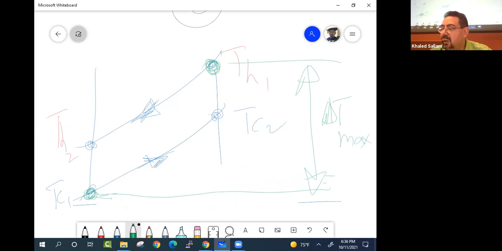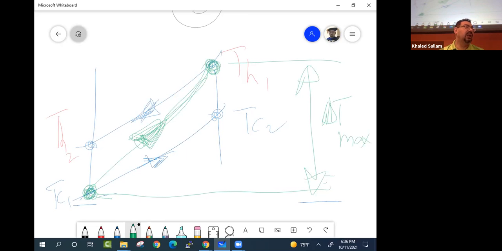If he can make one of them do that, that would be the perfect heat exchanger ever. He made the impossible possible. He managed to make the TCN get, at the end, as hot as THN. You cannot wish for a better outcome than this, right? And that, of course, requires how much area? Infinite area, right? So ideally, that will not happen. But that is the dream.